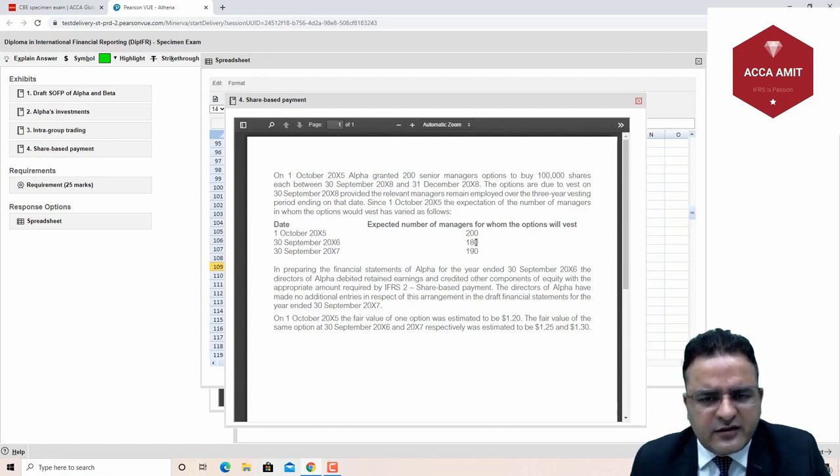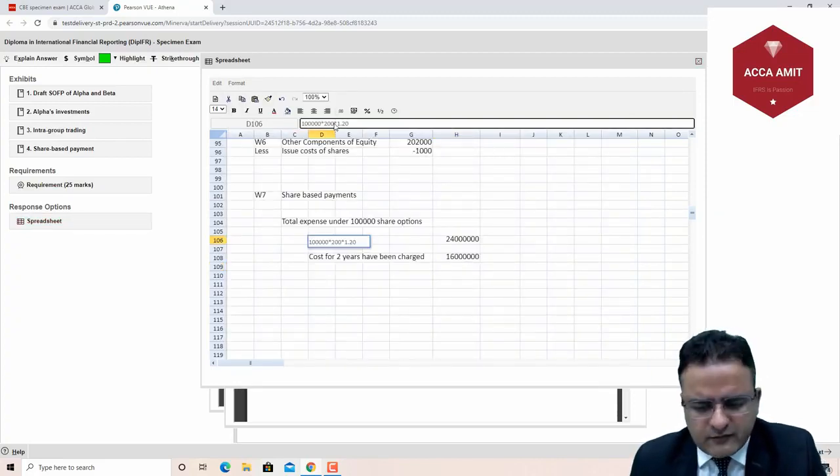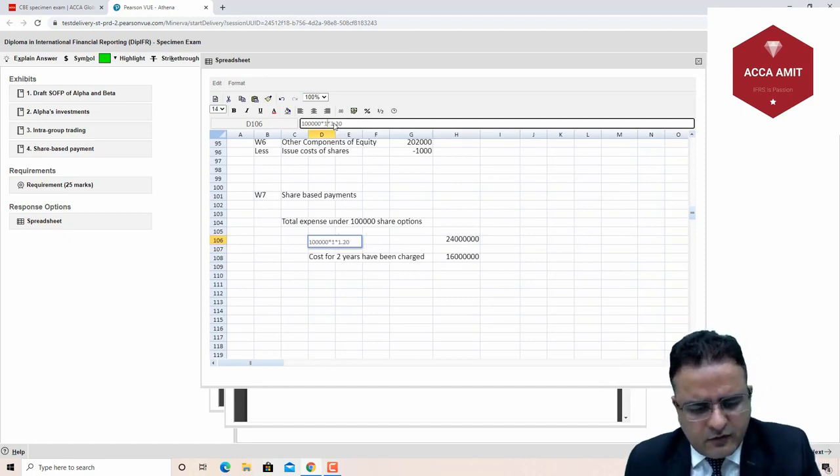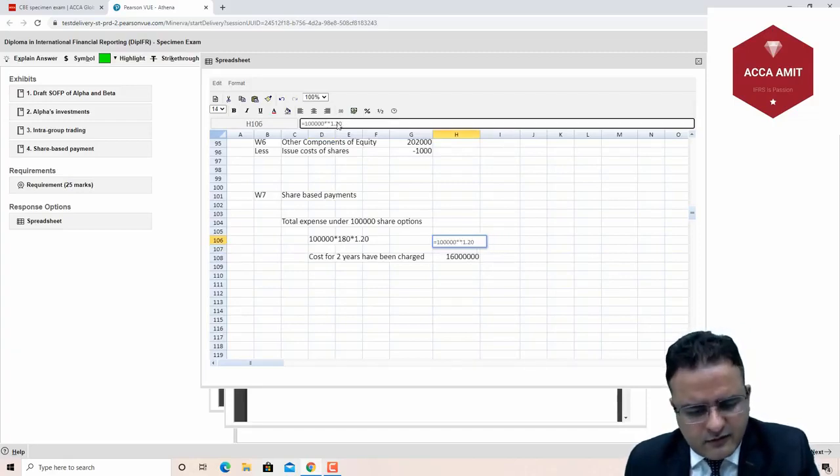If 180 are going to exercise the option, the cost recognized by the end of 30th September 2006 is for a 3-year period. First year cost has been recognized. So this will be 100,000 into 180 into 180.